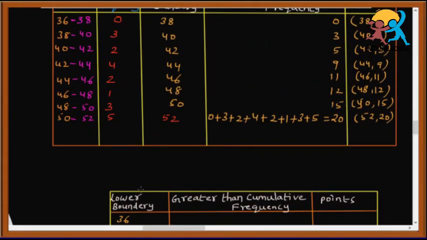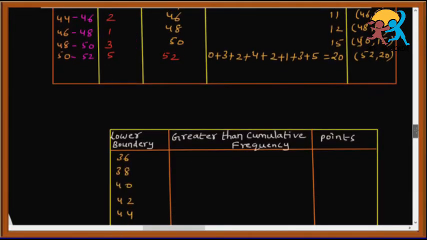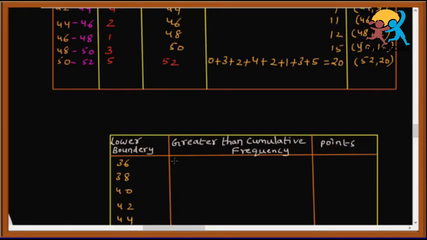So above 36 means all the numbers. Just add all these together. So 0 plus 3 plus 2 plus 4 like that. So it will become 20. So we can write 0 plus 3 plus 2 plus 4 plus 2 plus 1 plus 3 plus 5, that is equal to 20. And take another one, above 38.